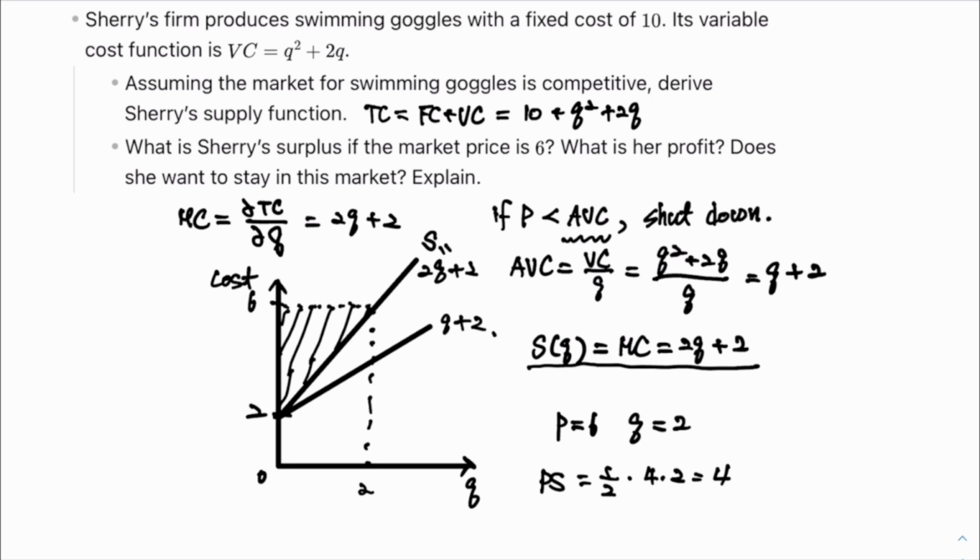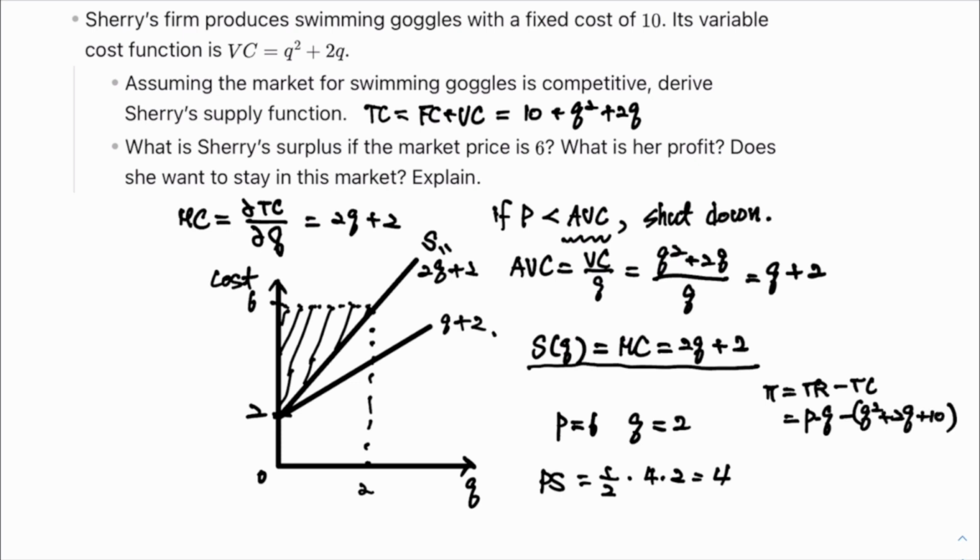Additionally, what you need to calculate is her profit, and the decision about staying in the market or not. So first thing is profit. Profit pi is total revenue minus total cost. In other words, P times Q minus total cost, which is q squared plus 2q plus 10.